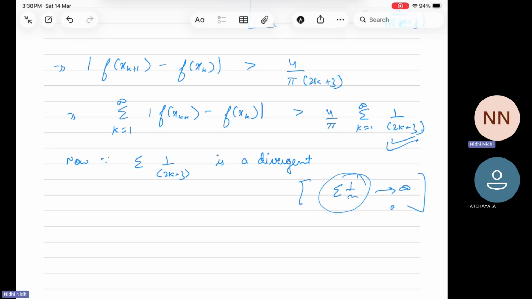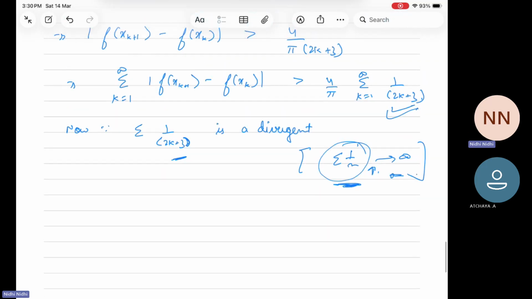This series is divergent. So we can say that the sequence of partial sums corresponding to this series will be actually a subsequence of the sequence of partial sums corresponding to the other series. So eventually this turns out to be divergent. And since the smaller one is divergent, that means the larger one is going to infinity.